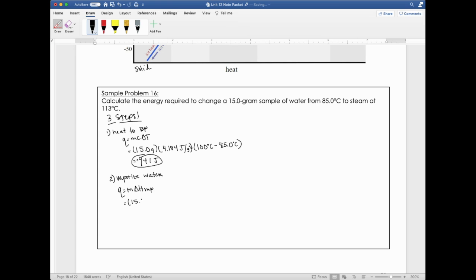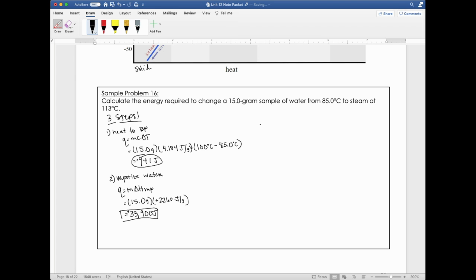Mass of the sample is still 15 grams, and the enthalpy of vaporization for water is 2,260 joules per gram. That's a constant. You don't have to memorize those because I'll give them to you, whatever ones you need. When you solve for that, you get 33,900 joules, positive because I'm applying that much. However, I'm not done.